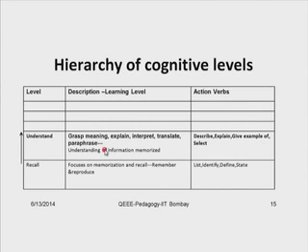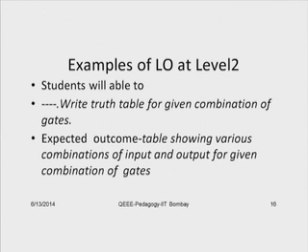What is the meaning of understand? Grasp the meaning, and then they should be able to explain that meaning in the context of a given problem. Let us see an example. Students will be able to write a truth table for a given combination of gates. All basic gates and truth tables have been taught to them.